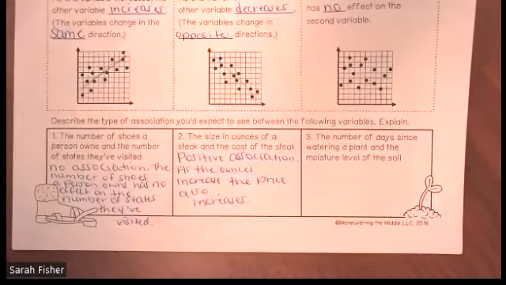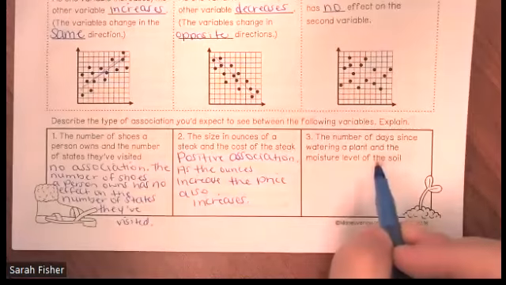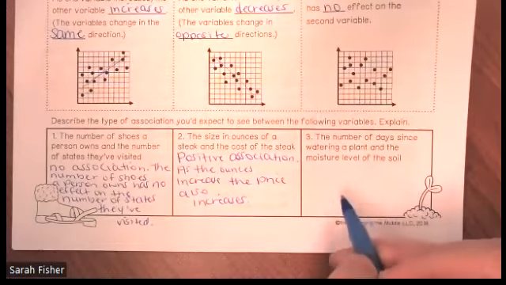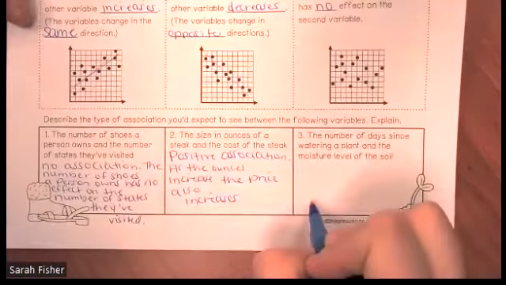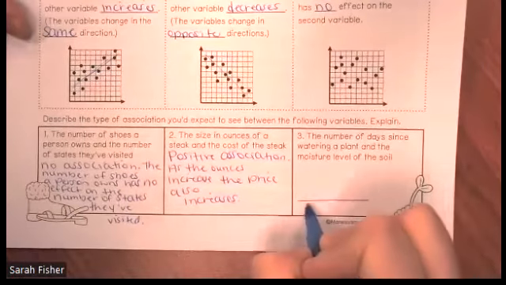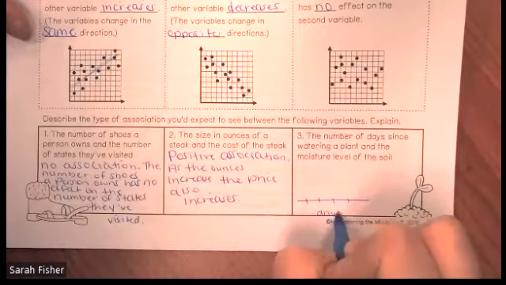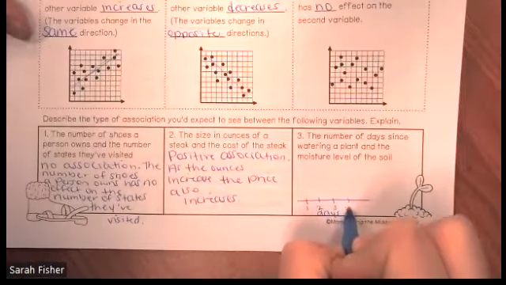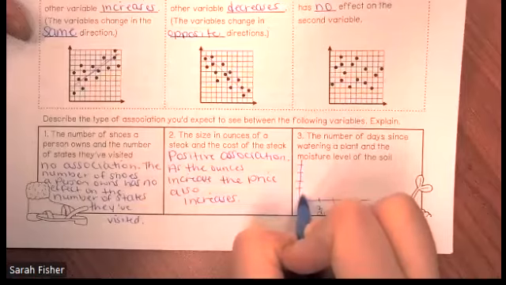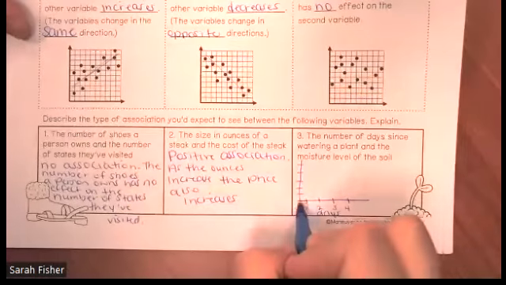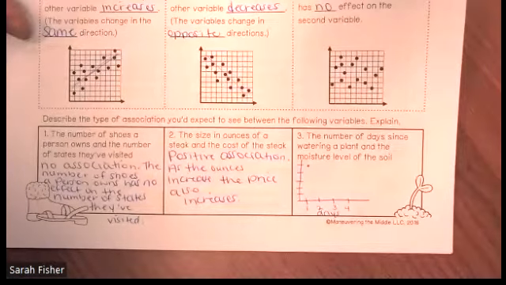Number 3, what kind of association would you expect to see from this example? The number of days since watering a plant and the moisture level of the soil. Okay, so the x-axis is number of days since watering the plant, and the y-axis is moisture level of the soil. First day after watering the plant, the moisture level would still probably be pretty high, huh?